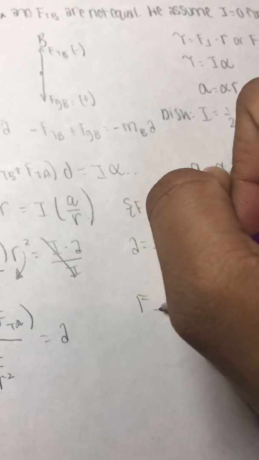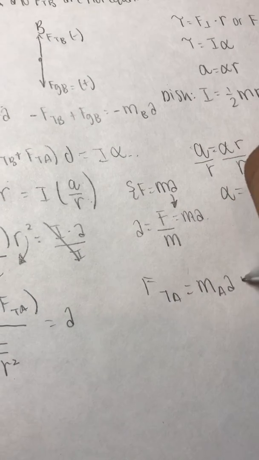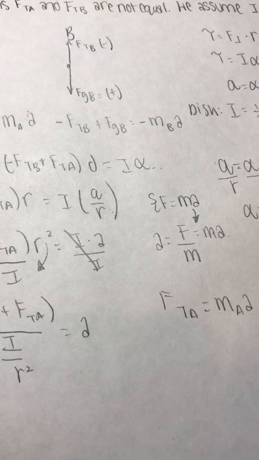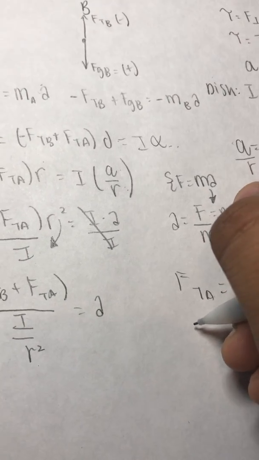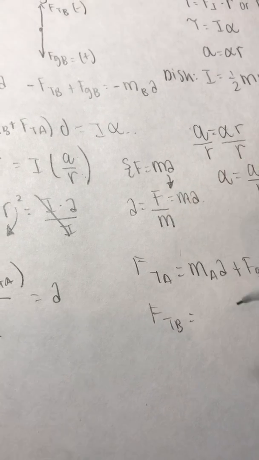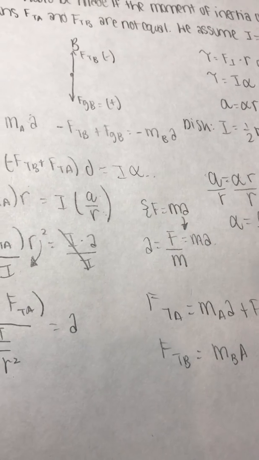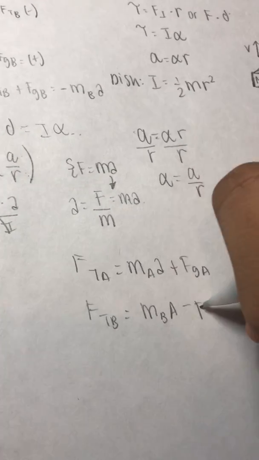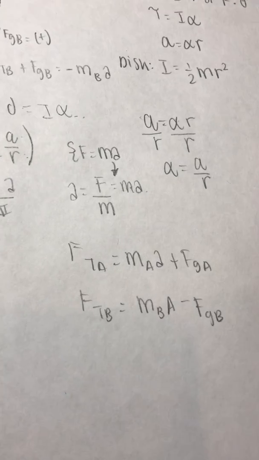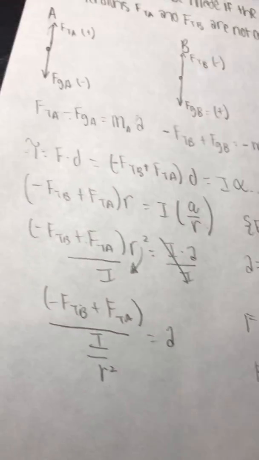So I'm going to have FTA is equal to MA plus FGA. And then same thing for B. So I'm going to have MBA minus FGB.